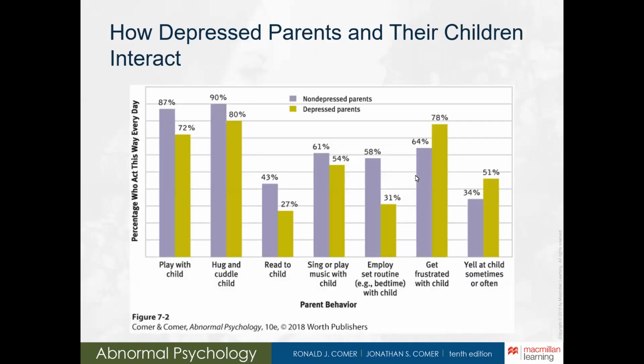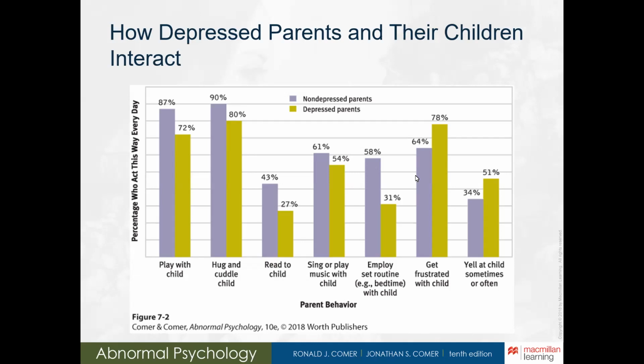So, how do depressed parents and their children actually interact? There were two studies that led to figure 7.2, and that's from information from Princeton Survey Research Associates in 1996 and Weissman and colleagues in 2016. They found that depressed parents are less likely than non-depressed parents to play with, hug, read to or sing to their young children each day, or to employ the same routine each day.